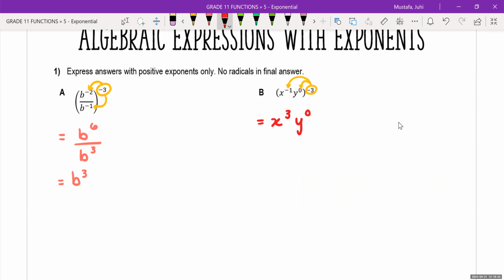Anything to the power of 0 is a 1. So when we simplify this, the only thing we're left with is x to the power of 3. No y's at all. It just disappears, becomes the number 1, which you don't have to write.